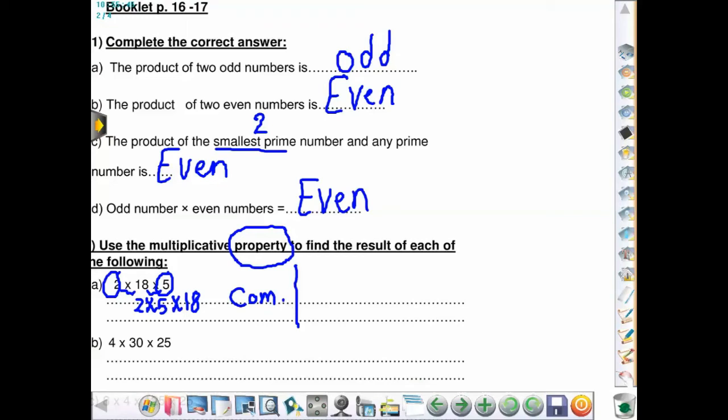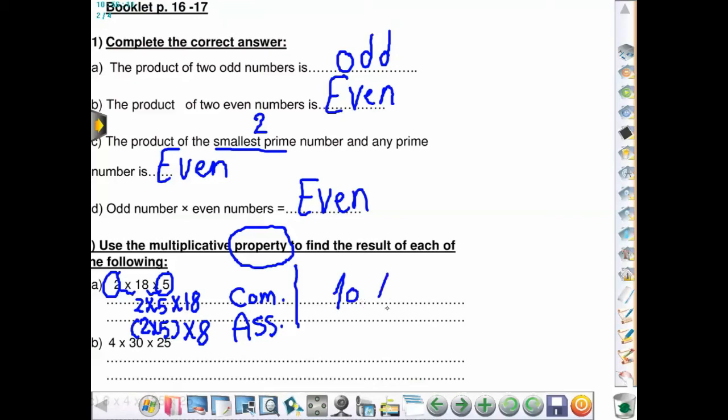Second step is put each friend in a group. Open the bracket. Write 2 multiply 5, close the bracket, multiply 18. When I put the brackets, it means associative. Then I can find the answer now. The answer of the first bracket, 2 multiply 5, as I know, is 10.